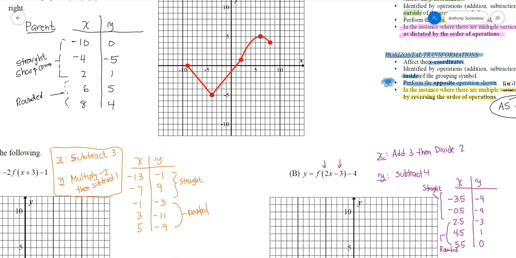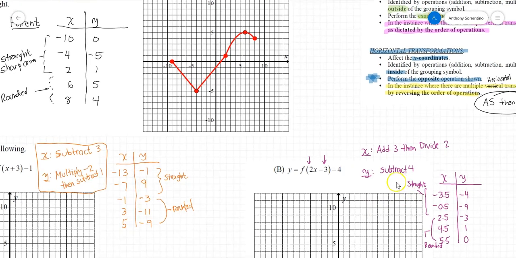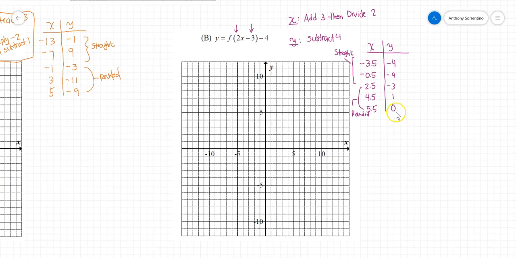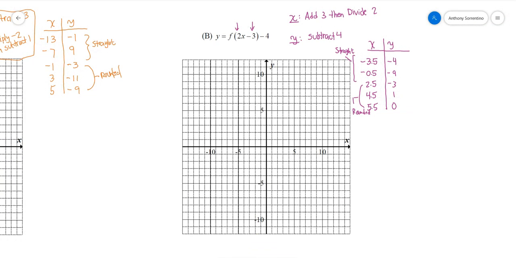So now with my new table, defined off of the operations I needed to do, I'm going to plot these points and draw the figure. Go a little thicker here. So negative 3.5, negative 4, negative 1 half, negative 9, and so forth and so on.